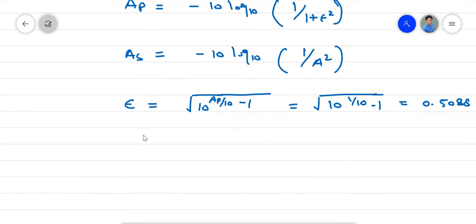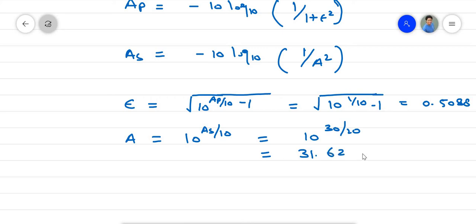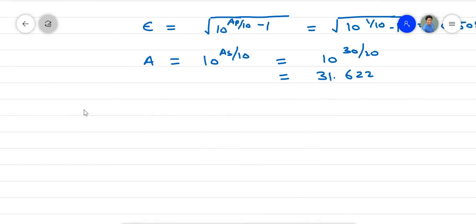Now similarly, the value of A will be equal to 10 to the power As by 20, which is equal to 10 to the power 30 by 20, and which will give the value 31.622.